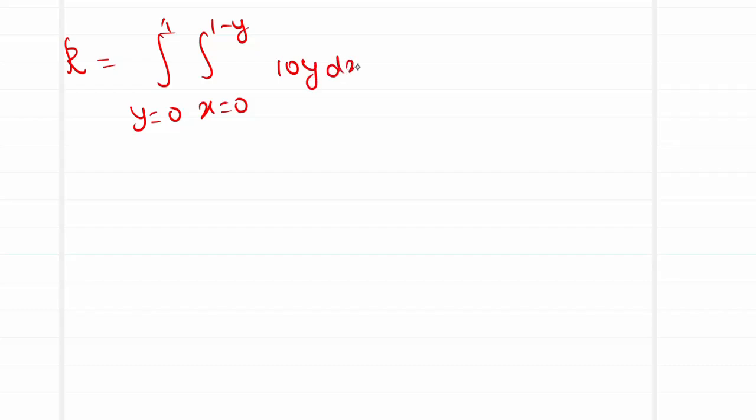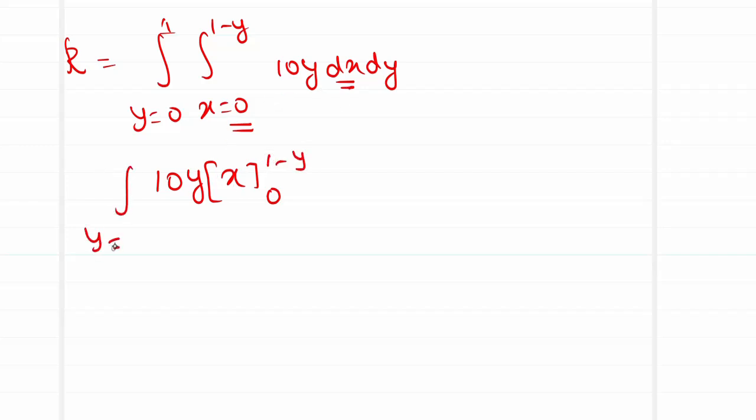So the region integration over R is nothing but the integral with y varying from 0 to 1, and x varying from 0 to 1 minus y, of 10y dx dy. Since the integration is first carried out with respect to x, 10y remains a constant. The integral of dx gives us x, and the limits to be applied are 0 to 1 minus y.